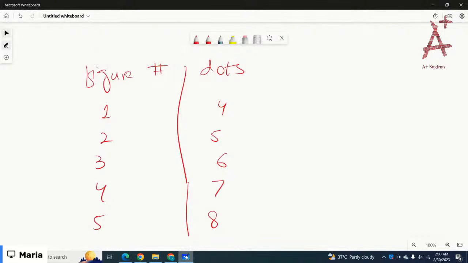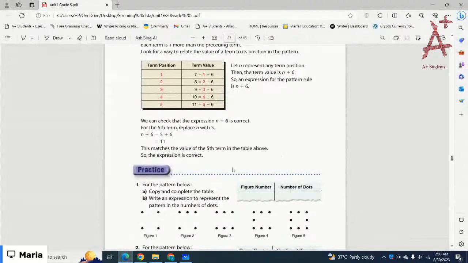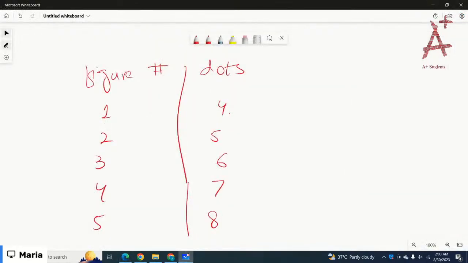Okay, so you have to look for a pattern. Figure 1, you have 4 dots. Figure 2, you have 5 dots. Figure 3, you have 6 dots. So you have to write an expression to represent the pattern in number of dots, right? You have to write an expression.